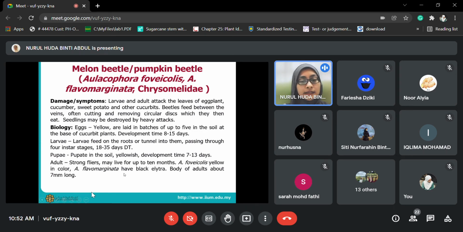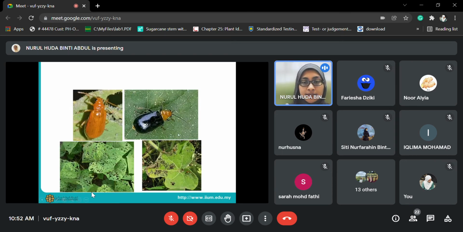Flavomarginata has black elytra, meanwhile Fovecolis is actually yellow in color. So yellow all the parts. But Flavomarginata, bahagian thorax and kepala here is yellow in color.